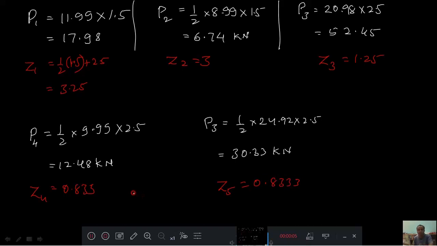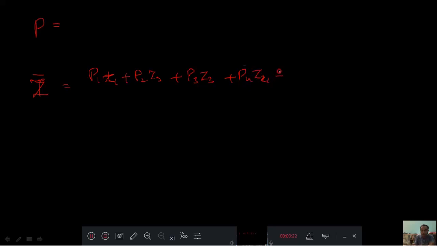Okay, now I will add all the P values, then I will get a P, and z bar will be equal to P1 Z1 plus P2 Z2 plus P3 Z3 plus P4 Z4 plus P5 Z5 divided by this capital P, or otherwise P1 plus P2 plus P3 plus P4 plus P5.